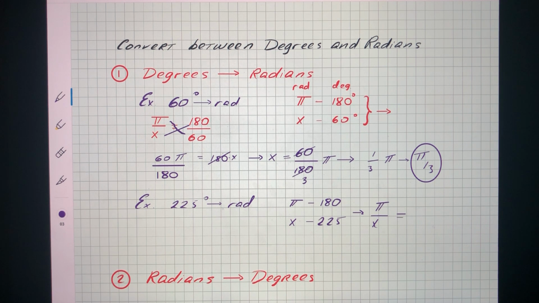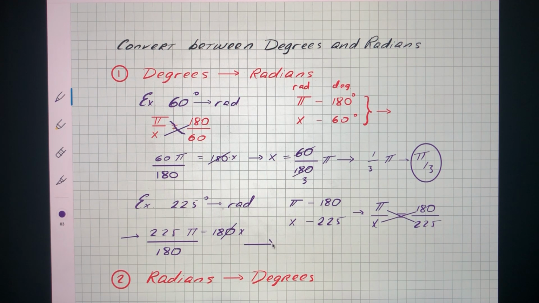So here we have pi over x is 180 over 225. Then we cross multiply once again. So 225 pi is 180 times x, and all we do is divide both sides by 180 to get x.